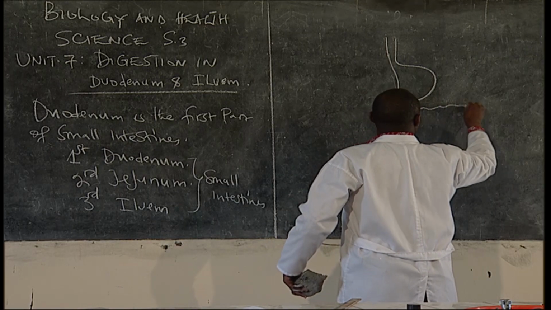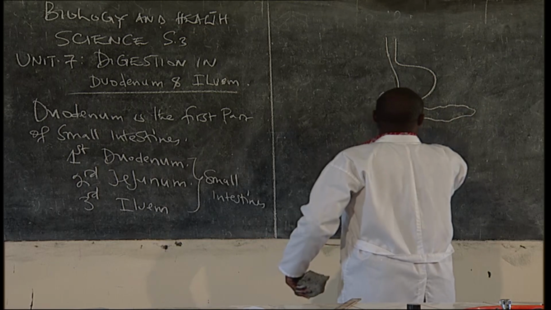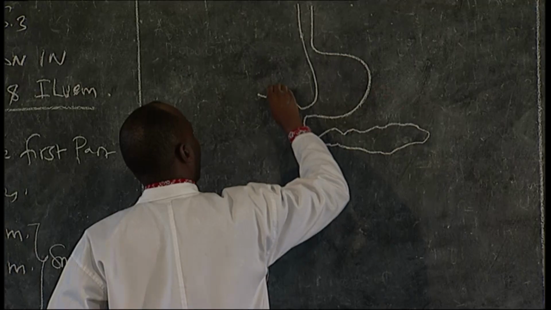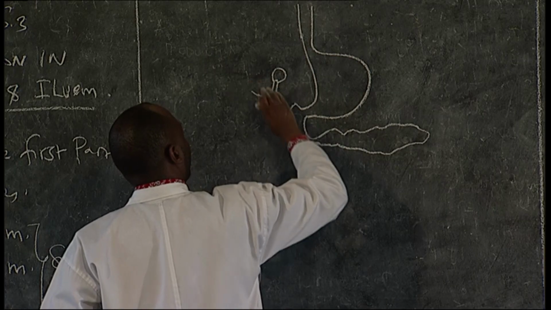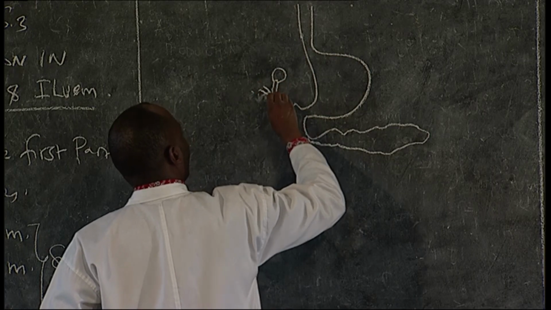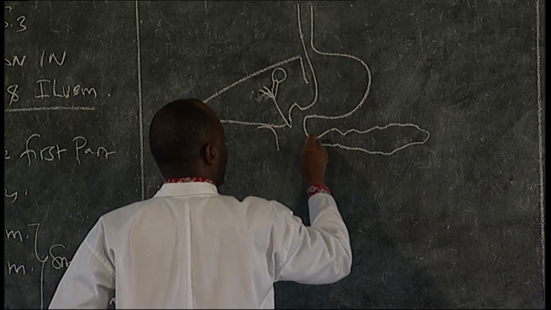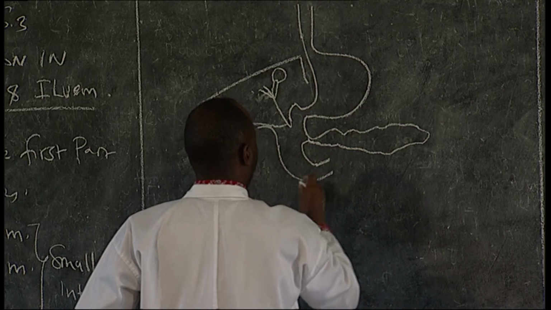We have the part which is the liver, and this is the pancreas. From there, we have the first part of the small intestine, which is the duodenum.